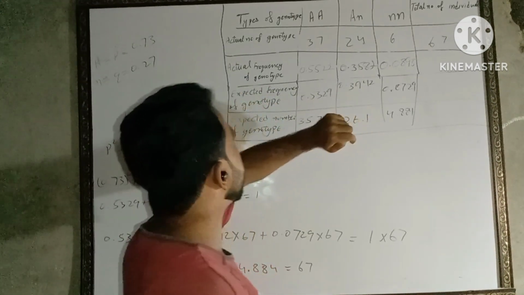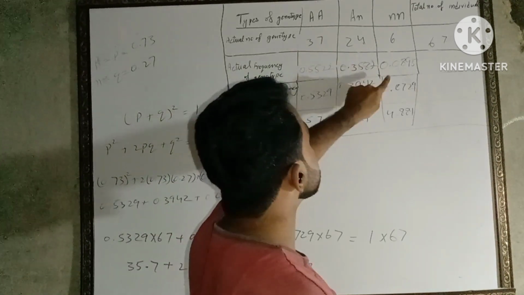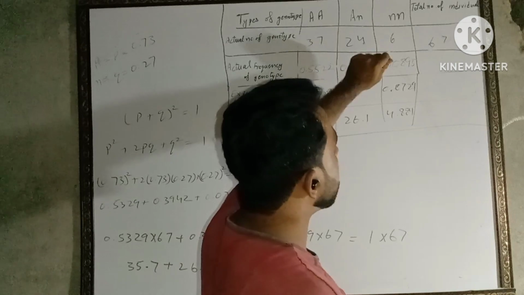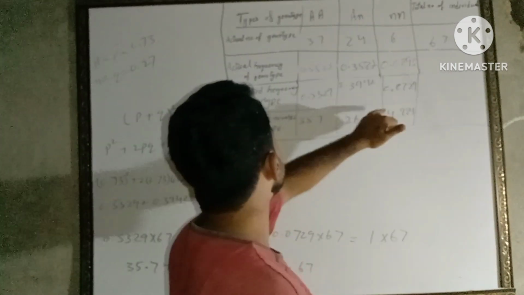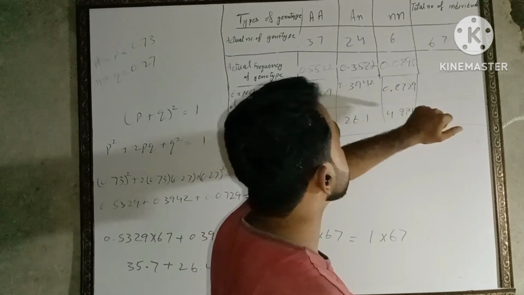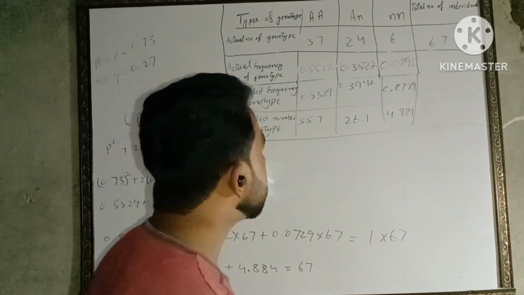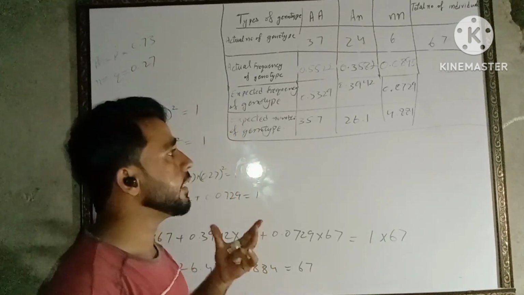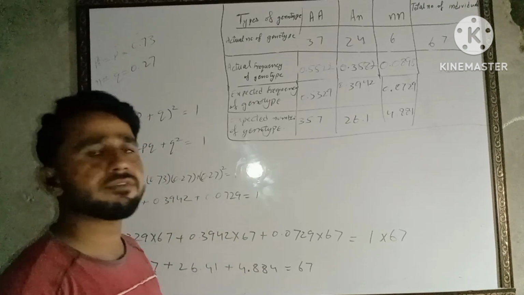Frequencies are not matching. Similarly, the actual frequency of the third genotype is 0.08, and the expected frequency of the third genotype is 0.08. Here also the frequencies are not matching. It means this is not in equilibrium. The Hardy Weinberg equilibrium is not satisfied here.